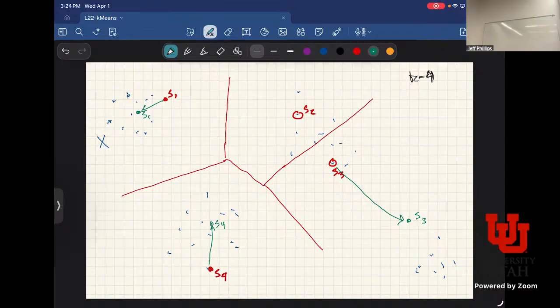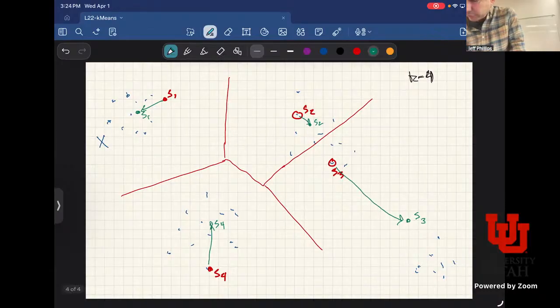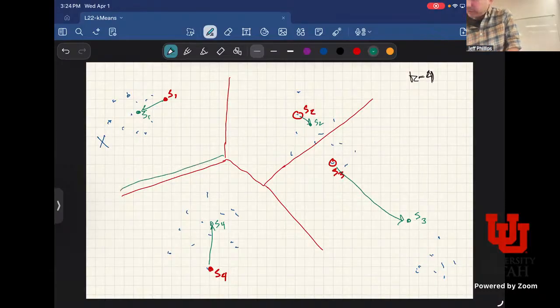And S2 is going to shift just a small amount down here. Okay, so I've updated the centers. I think they've all pretty much moved about where we'd want them. Now let's redraw the Voronoi diagrams and see what happens.